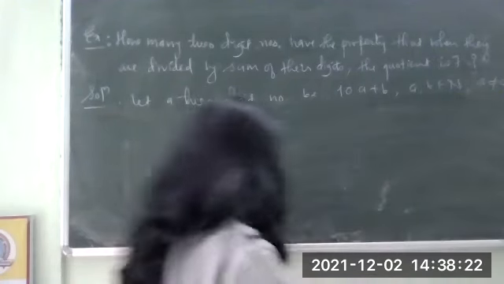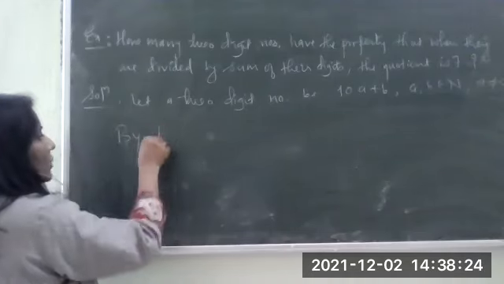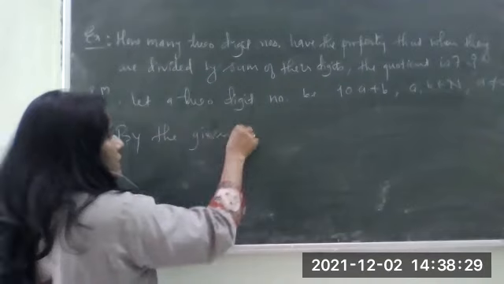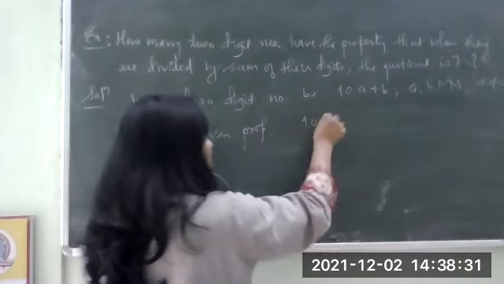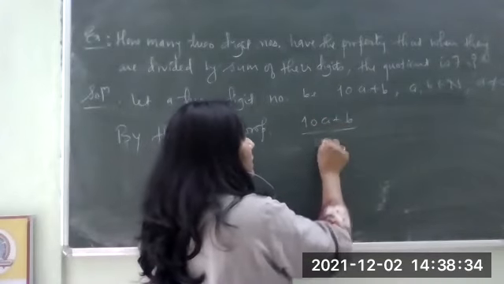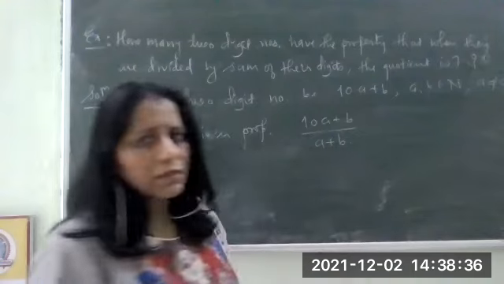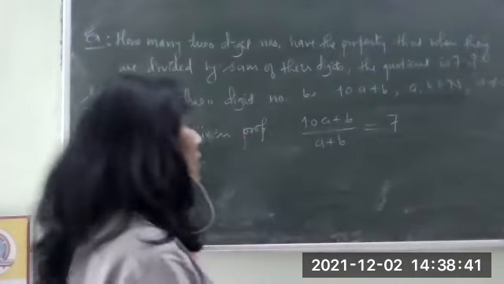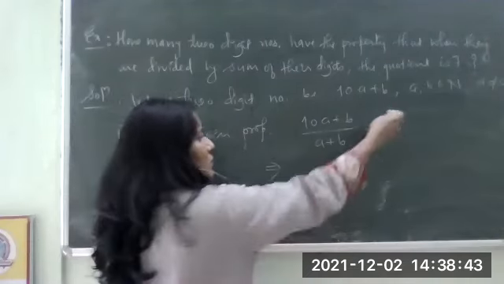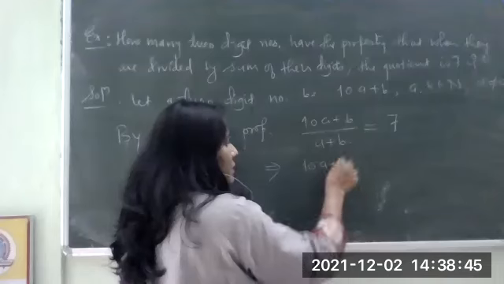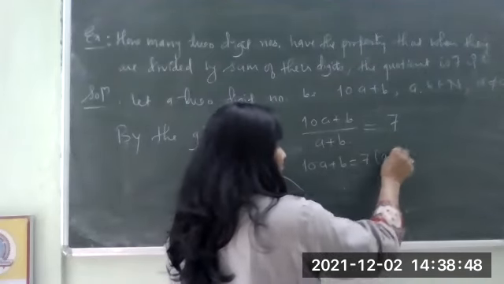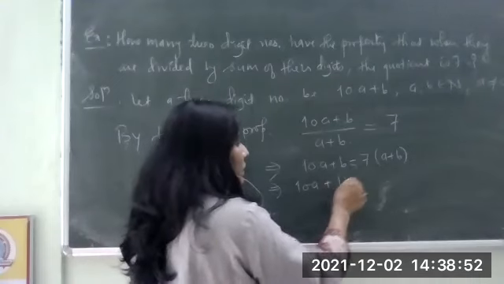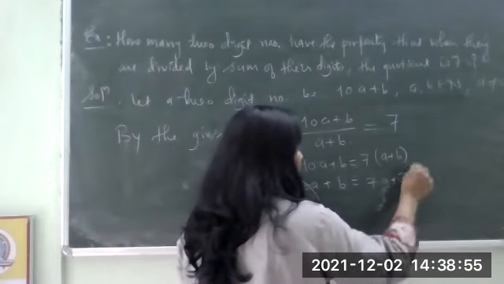Now, by the given property, what is given? If this number is divided by the sum of its digits, the digits are a and b, their sum is a plus b, and the quotient is 7. So (10a plus b) divided by (a plus b) equals 7. Simplifying, 10a plus b equals 7 times (a plus b), or 10a plus b equals 7a plus 7b.